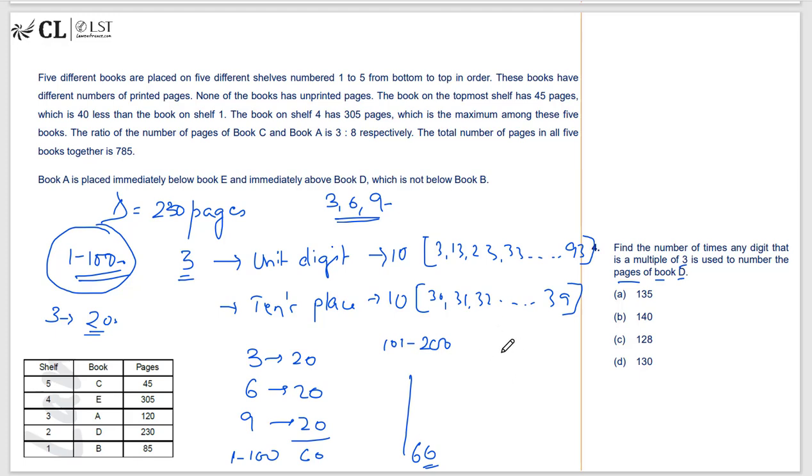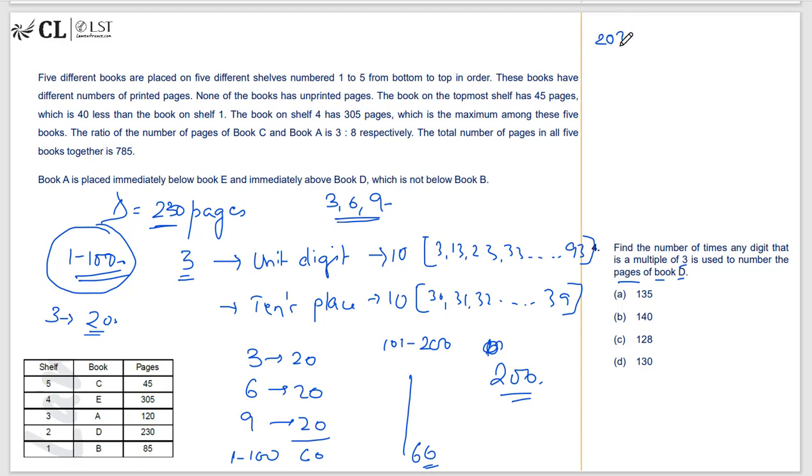So that takes a total to 120 so far. Now there are another 30 pages left, from 201 to 230. From 201 to 230, we'll again have to see how many times 3, 6, and 9 have been used.